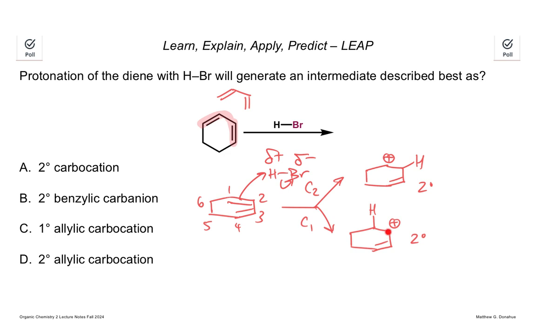So it is 1 and then 2. You don't count the hydrogen there. So carbon bearing a plus charge, there's 1, 2, that's secondary. They're both secondary, but this one now is next to the double bond, so it's secondary allylic.